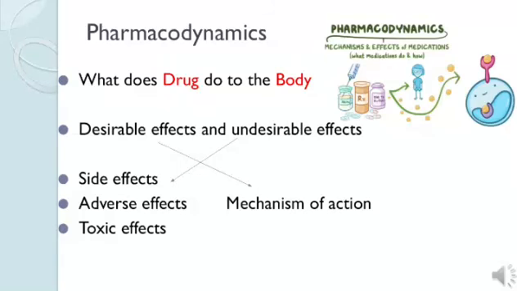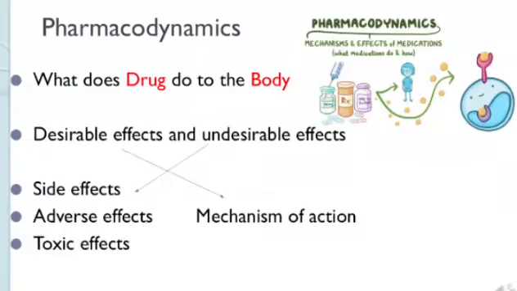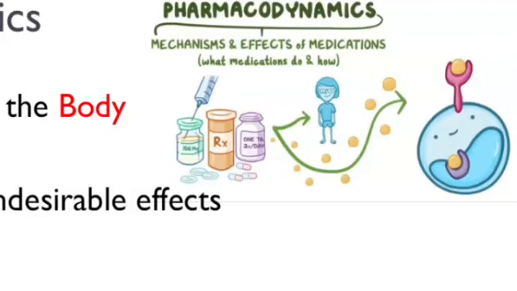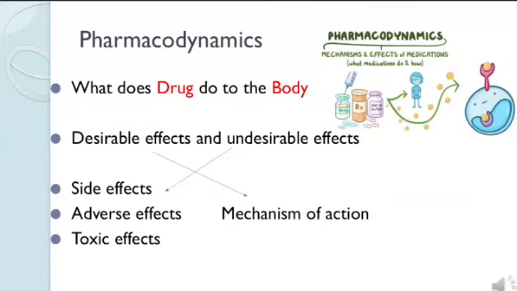What is pharmacodynamics? So if we see a closer view of this, dynamics means any change that happens, we say it as dynamics. So what is pharmacodynamics? It is what the drug does to the body.